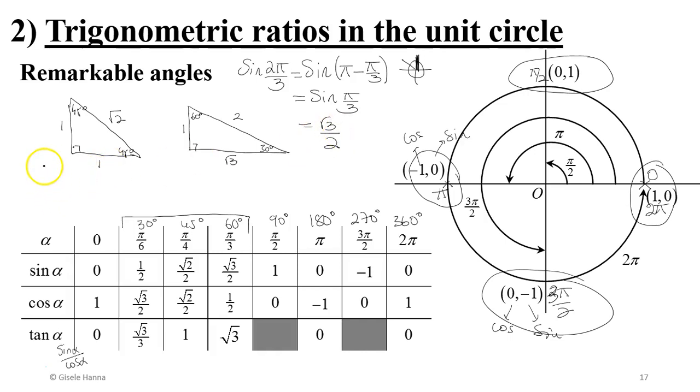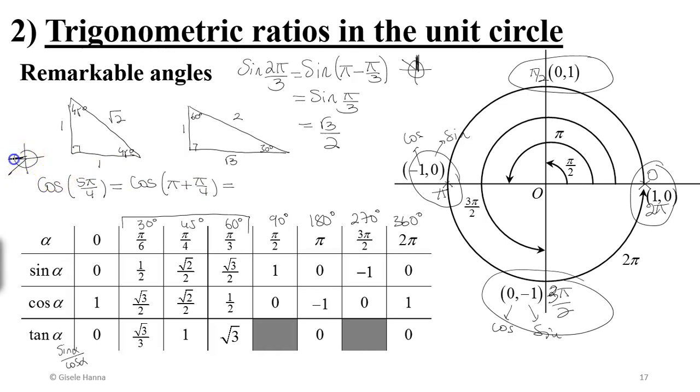Similarly, for example, if you had to look for cosine of 5 pi over 4, now 5 pi over 4 is not a remarkable angle, but you can use the transformation formulas and remarkable angles to determine it. You'd notice that 5 pi over 4 is pi plus pi over 4, that's in quadrant 3.